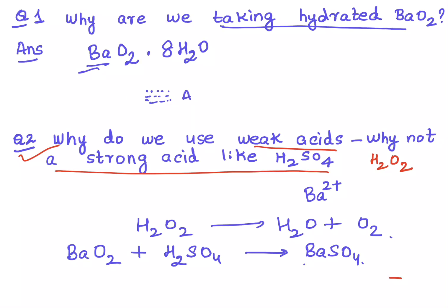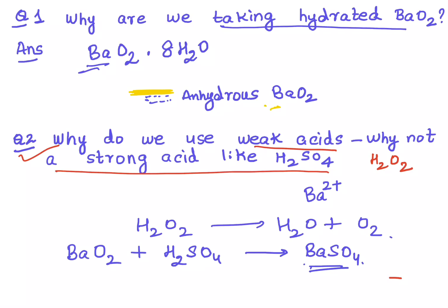We are forming an insoluble precipitate of the corresponding salt, be it barium sulfate, barium phosphate, barium carbonate. That precipitate will deposit over this salt. Now when it deposits over this salt, do you think this salt will be able to react with the acid?